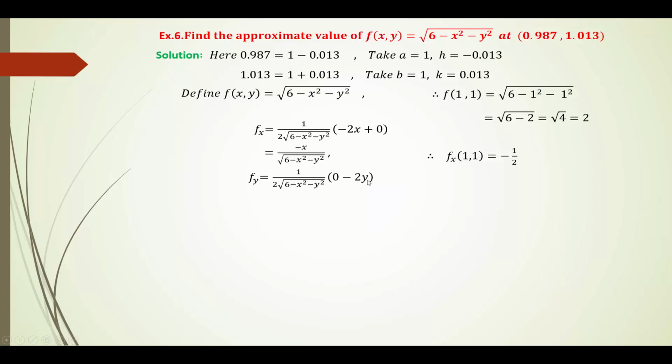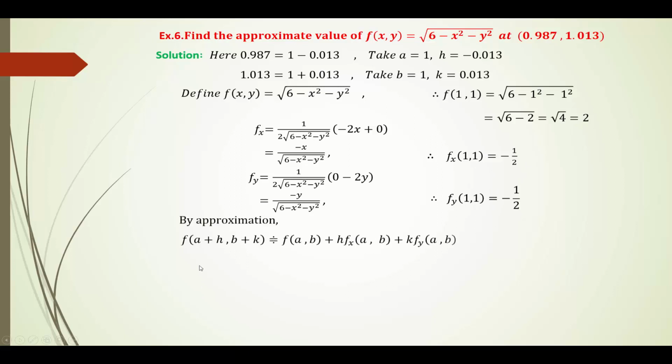The 2s cancel, equal to minus y upon square root of 6 minus x square minus y square. Find the value of fy at the point (1,1). So fy(1,1) equal to, put x is 1, y is 1, again the same value, minus 1 half. So f(1,1) is 2, fx(1,1) is minus 1 half, fy(1,1) is minus 1 half.